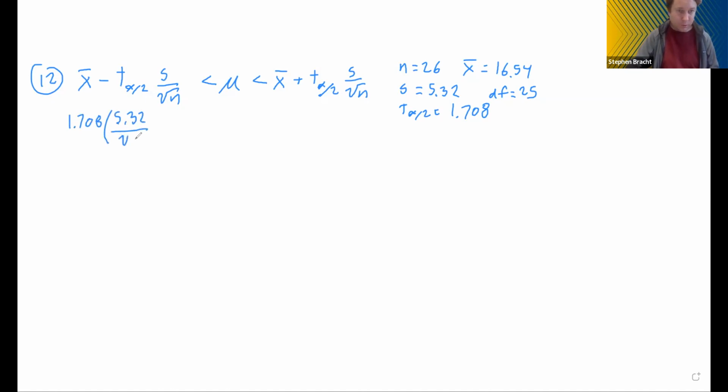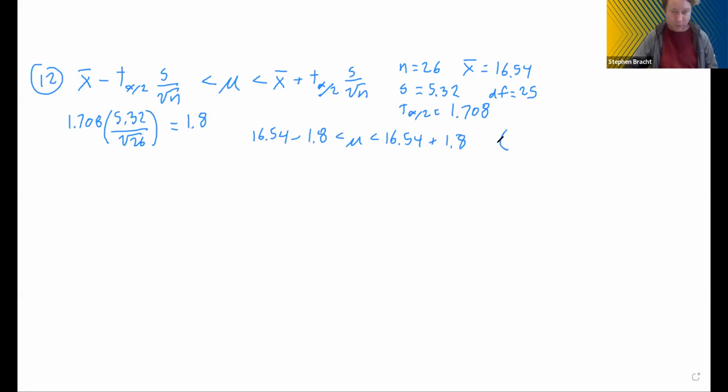So the margin of error is going to be the t-value, 1.708, times s, which is 5.32, over the square root of n, square root of 26. And that equals about 1.8. And we subtract and add that from the sample mean. So I got 16.54 minus 1.8 and 16.54 plus 1.8.